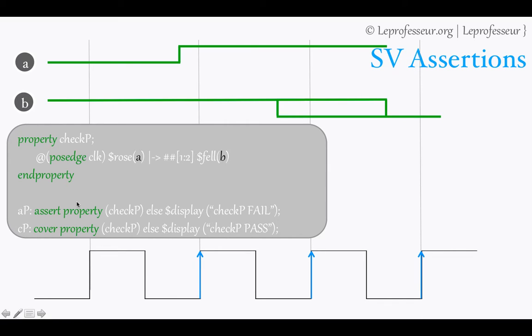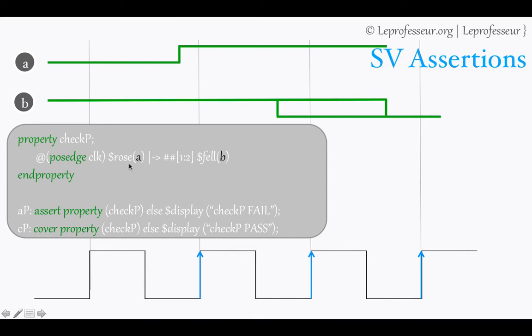So you can write a cover statement in your coverage module that covers this property check_p.